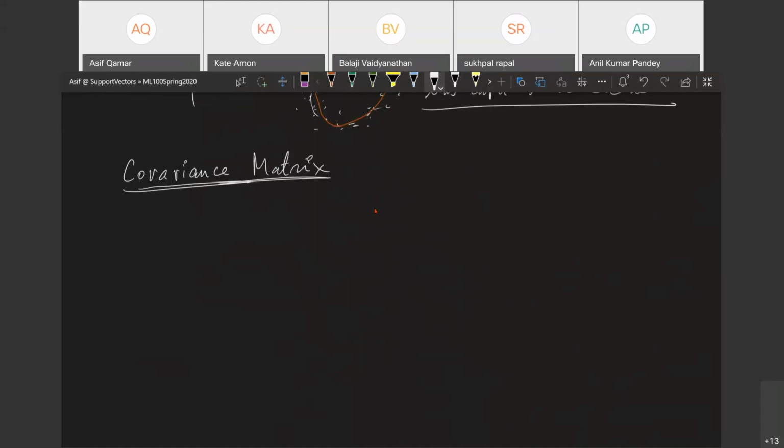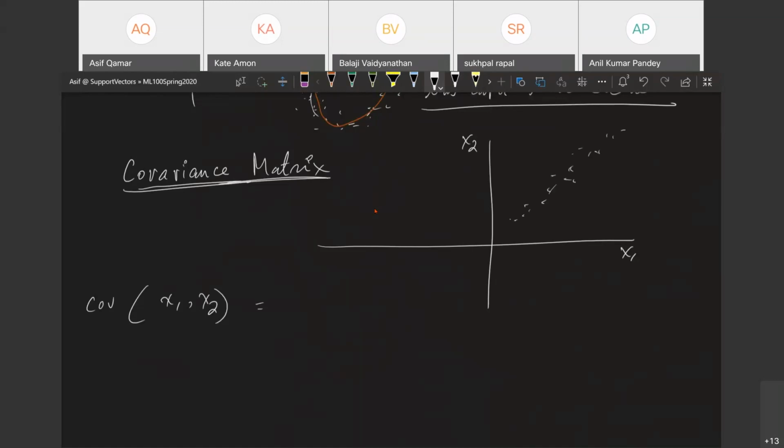So let me write it. Suppose you have two things, x1, x2. Covariance between x1, x2 is equal to what? You go to the center of gravity of the data, and from here, which is x1 minus mu1, the center of x1, let me call it mu1, x2 minus mu2.